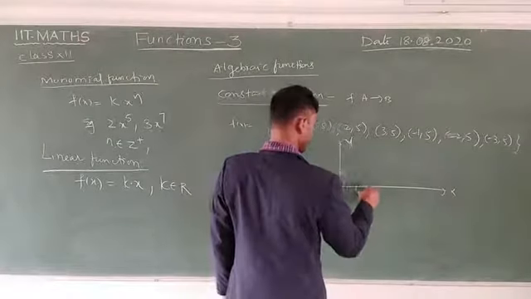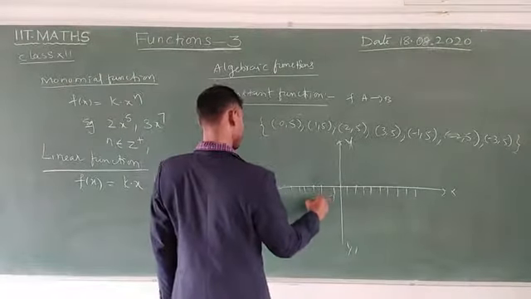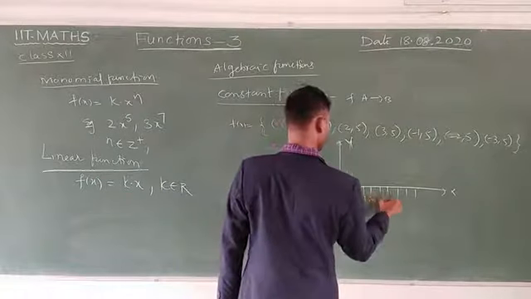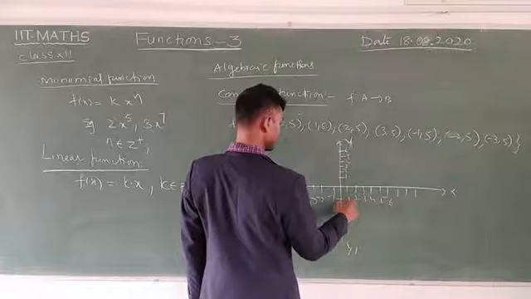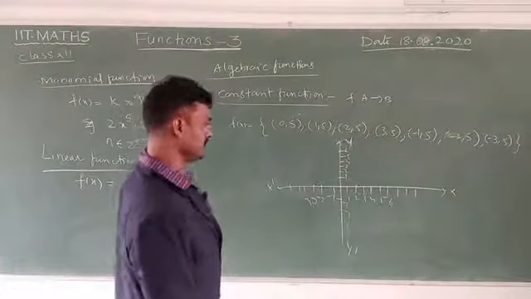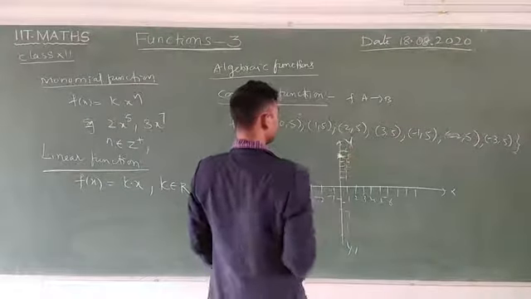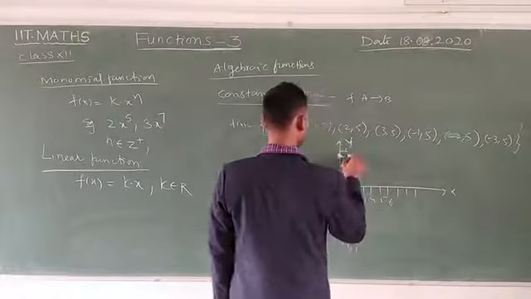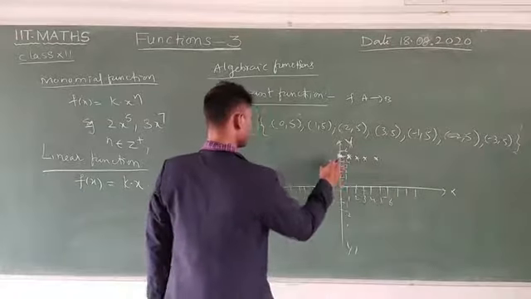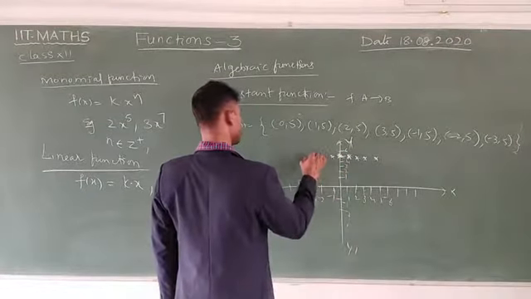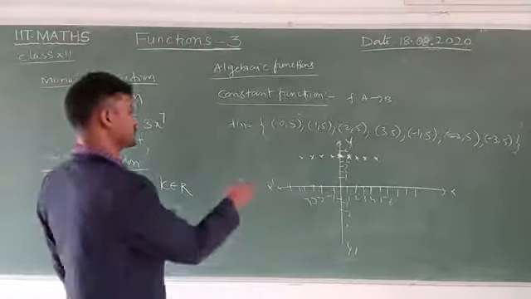Now here 1, 2, 3, 4, 5, 6, 7, 8, 9, minus 1, minus 2, minus 3, minus 4, and on the y-axis 1, 2, 3, 4, 5, 6, and also minus 1, minus 2. Now see here, plot all the points on the graph. Here 0 comma 5, 1 comma 5, 2 comma 5, 3 comma 5, 4 comma 5, 5 comma 5, minus 1 comma 5, minus 2 comma 5, minus 3 comma 5, minus 4 comma 5. Now we have to join all the points.